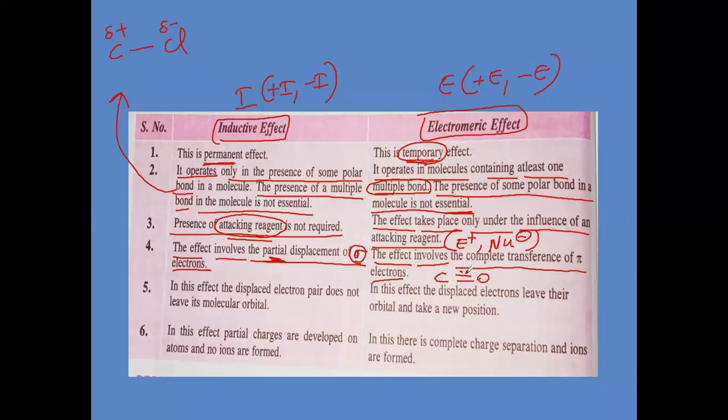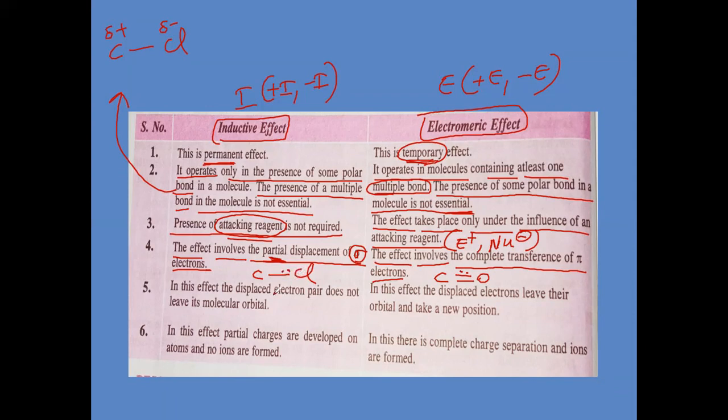But here only displacement happens: the two electrons of the bond will be displaced towards chlorine, but not leaving the carbon atom.